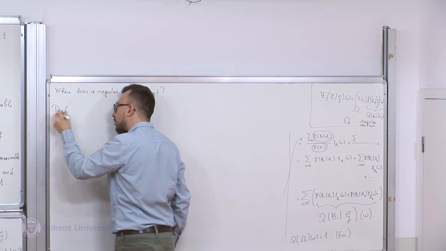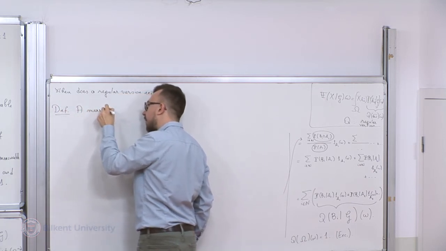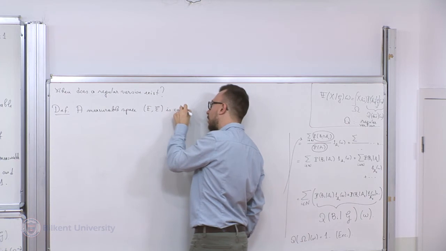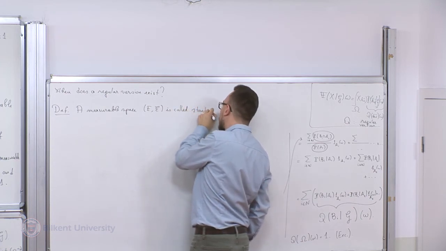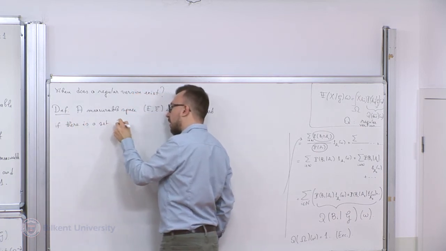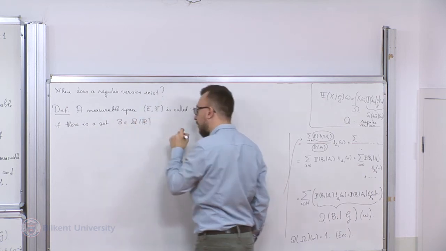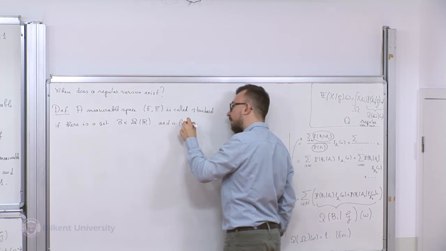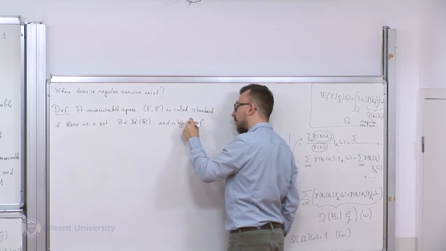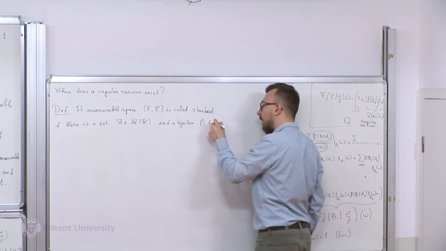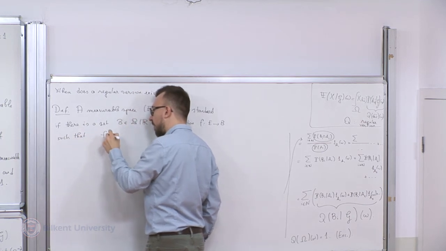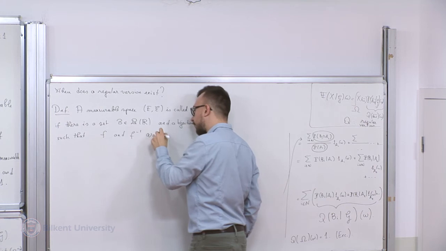Okay, so here's the definition. A measurable space E is called standard if there is a set B which is Borel in the real line, and a function f, let me say a bijection f from E to B, such that f and f inverse are measurable.